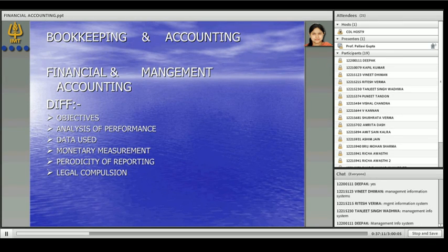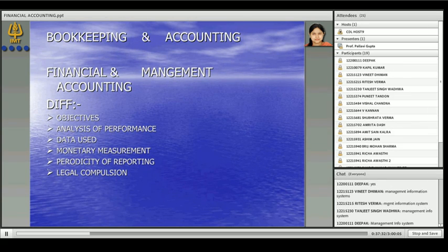While financial accounting is statutorily compulsory for all organizations, management accounting is not compulsory. If some organization wants monthly, quarterly or six monthly reports, they can have them. If they don't want them, they need not. So it is not compulsory.